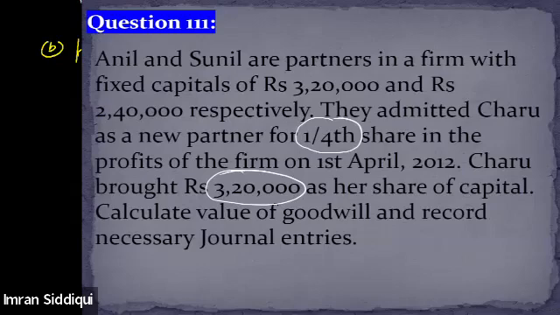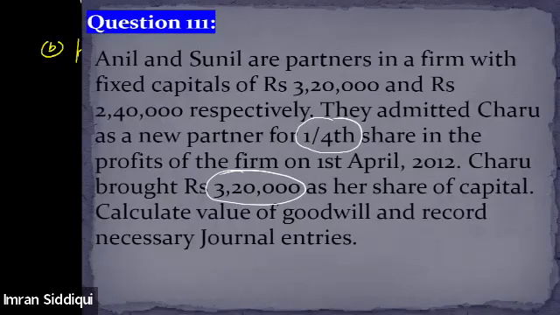The old profit sharing ratio is missing, so we can simply presume that it must be 1:1. Based on that, we can determine their new profit sharing ratio: if Charu is entering for 1/4 share, the remaining share will be 3/4, and this 3/4 will be distributed between Anil and Sunil in the equal ratio 1:1, right?